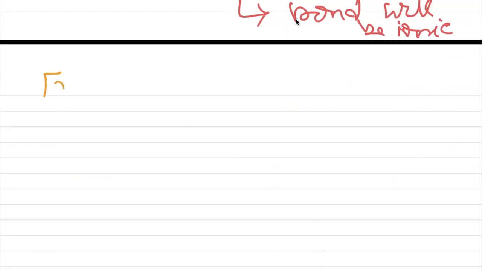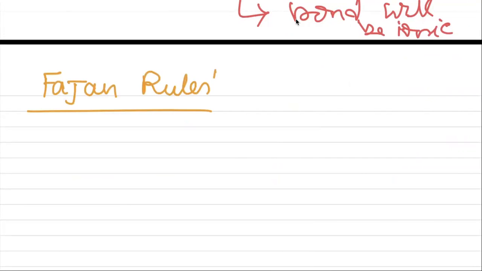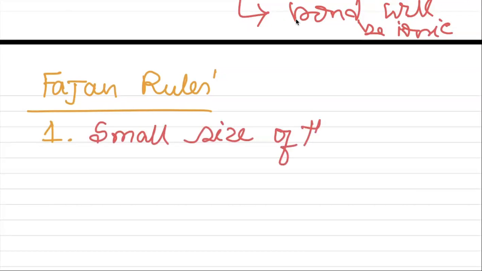Fajans' rules. The first one is small size of the cation.